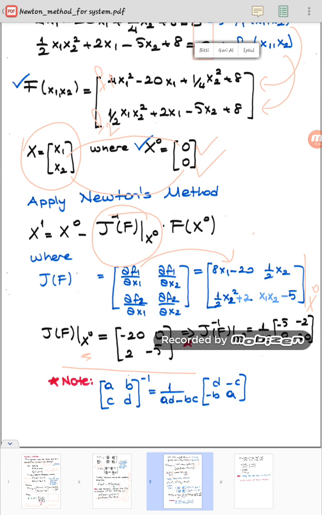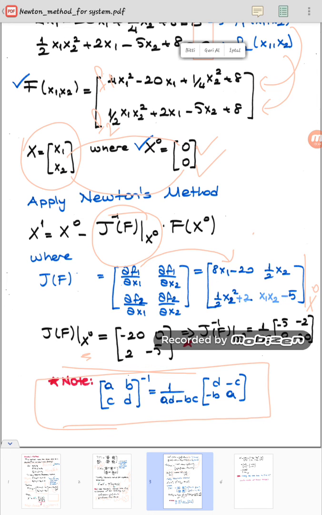For those who haven't seen linear algebra up to now, I'm giving the definition for the 2 by 2 matrix inverse.